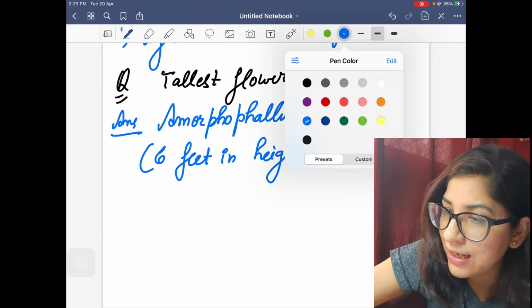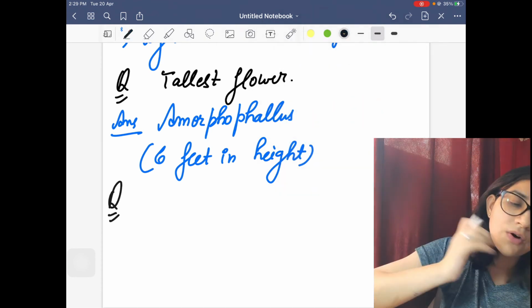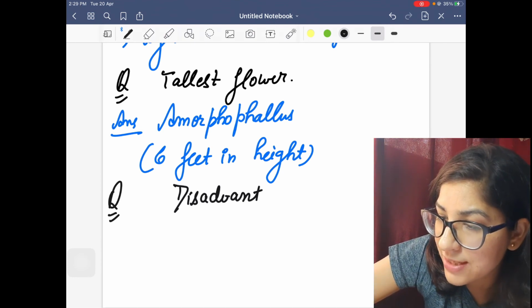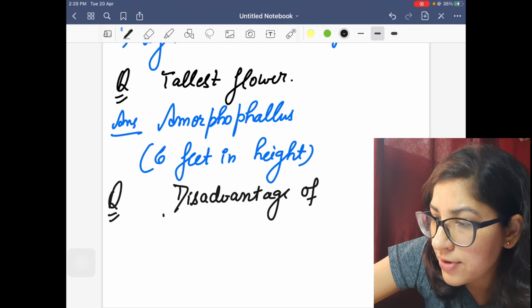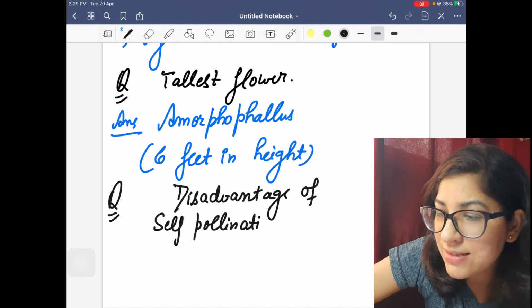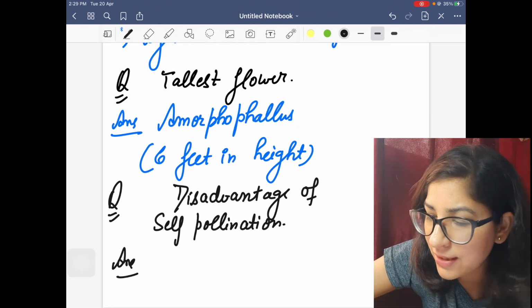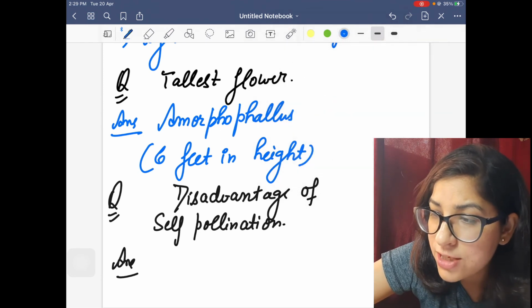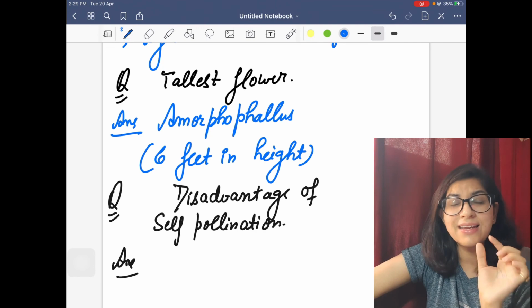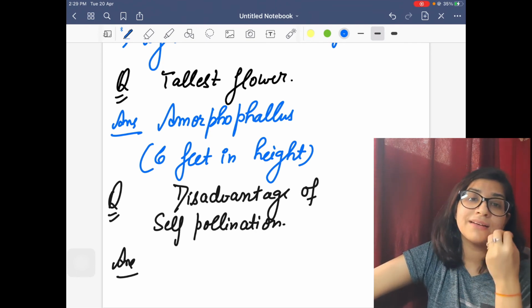Another 1 mark question is a disadvantage of self-pollination. One disadvantage is that the same gene pool continues, and this leads to inbreeding depression.